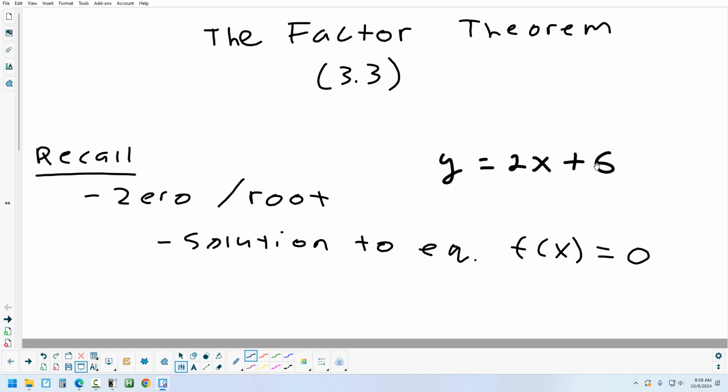If you can find the number you would fill in for x there, do it out and it comes out to 0, that is the root of that equation. What number could you fill in for x? And it would come out to 0 when you do it all out. -3. Yeah, -3. So -3 is called the 0 or the root of that equation, because when you plug it in, it comes out equal to 0.